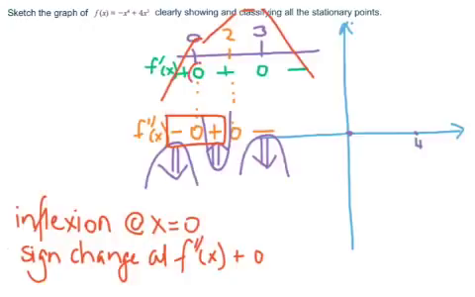Now, because it's a 0 here as well, I know that this inflection at 0 has to be a stationary inflection, right?